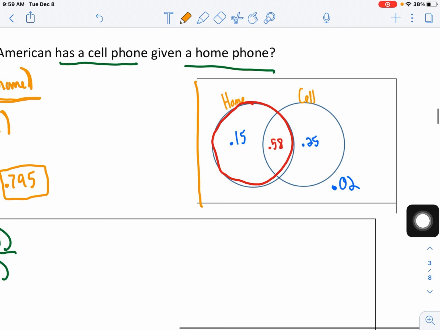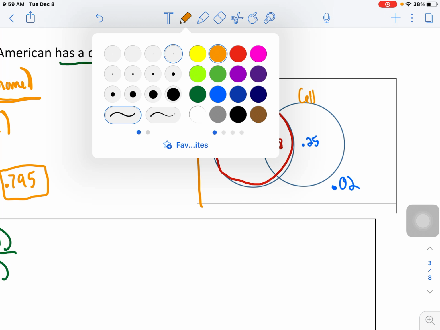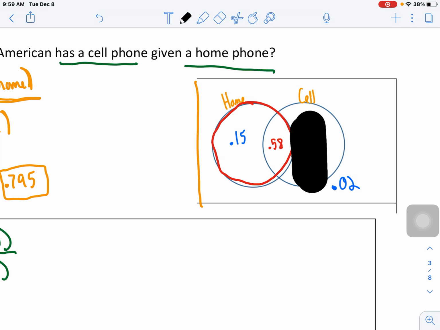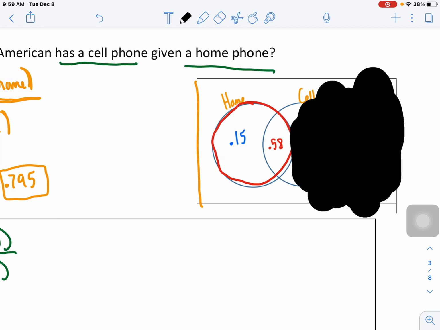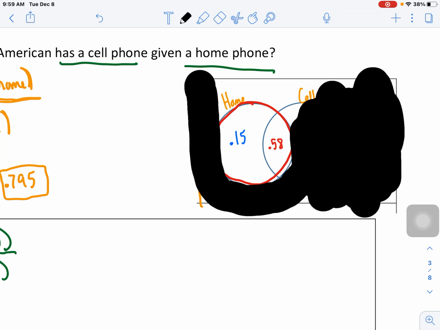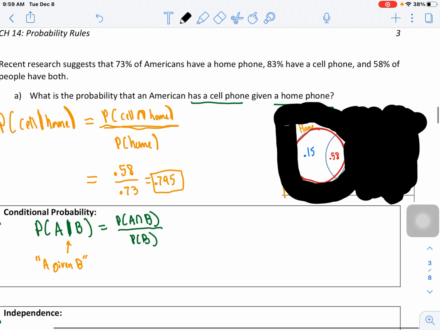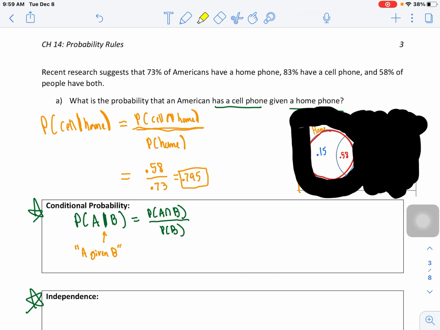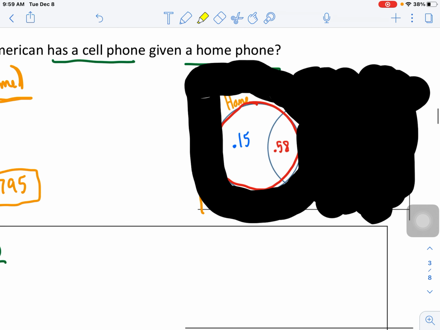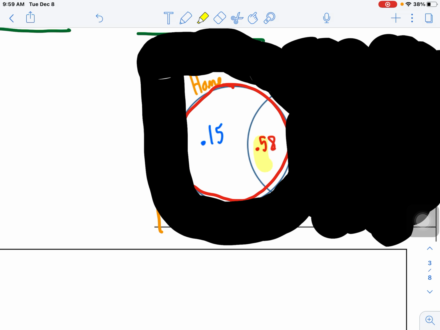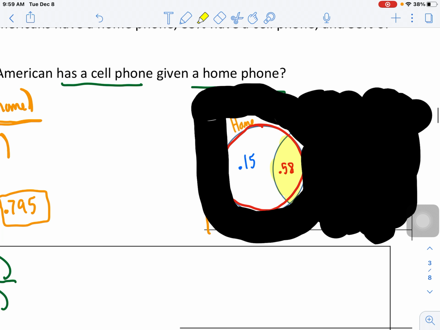So really, in this picture, you don't have to do this, but what we care about literally is just this. We only care about the given piece. And the question said, what's the probability that someone has a cell phone, which in this case, of this circle, these are the only people that have cell phones, given that we have a home phone.